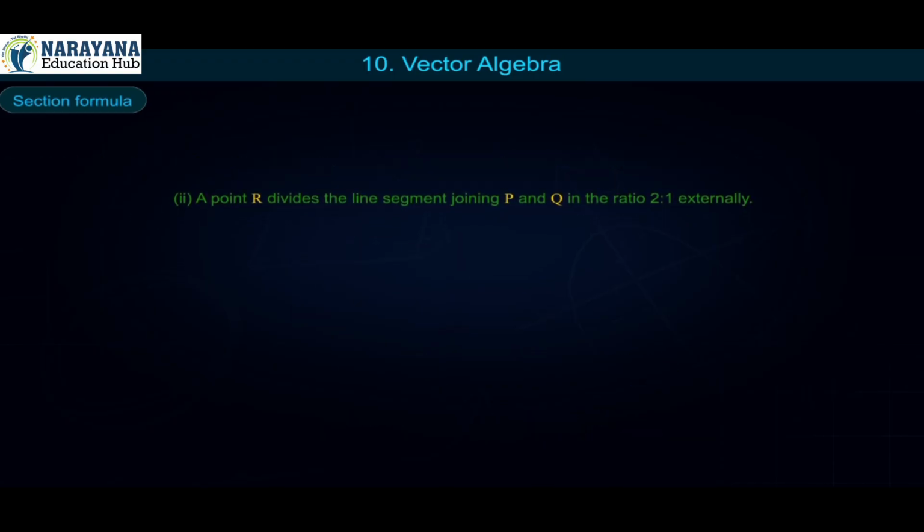Number 2. A point R divides the line segment joining P and Q in the ratio 2:1 externally.